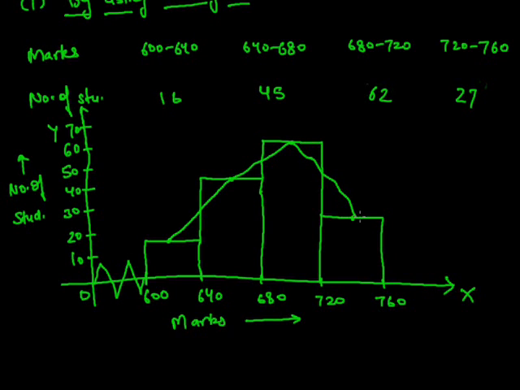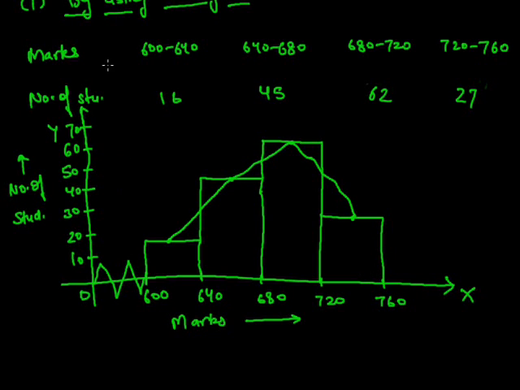But this curve is still not completed, because we are talking about the frequency polygon curve. Polygon means that this curve should be a closed figure. So for making it a closed figure, we'll take one class interval before the first class interval, and one class interval after the last class interval.